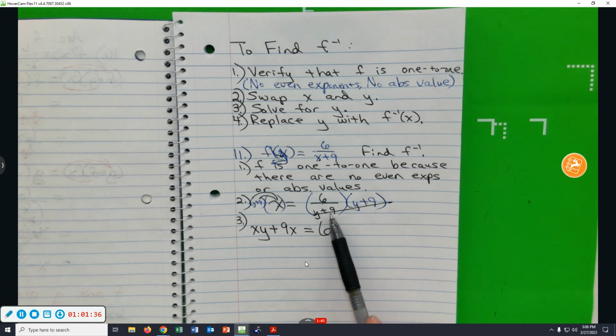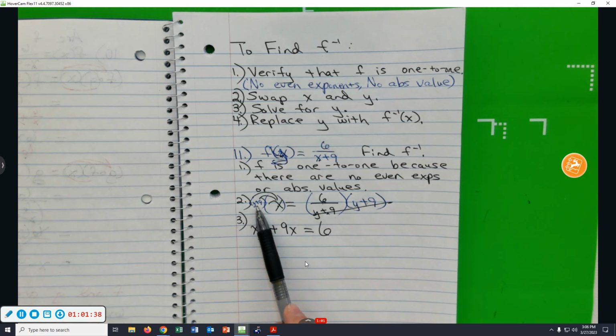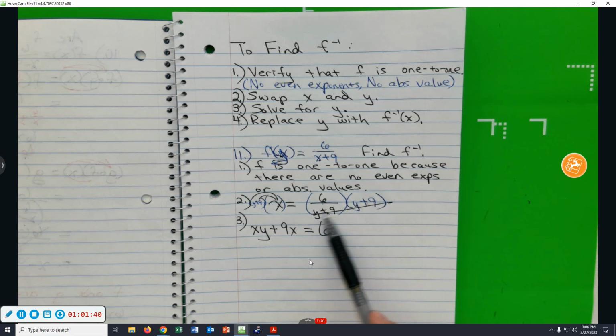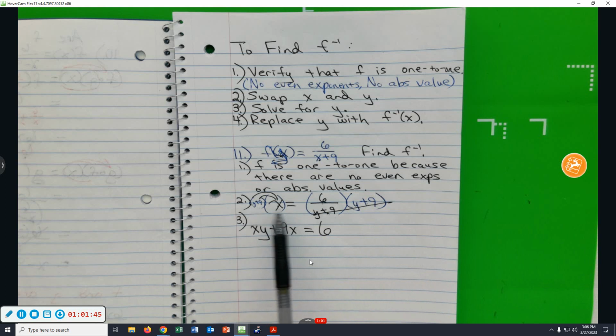We multiply both sides by the denominator. We cancel the denominators, the denominator y plus 9. We have to distribute here. It's x times y plus 9. We're trying to solve for y. There's only one sensible next step. That's a fine way to do it, but you're going to get fractions sooner.